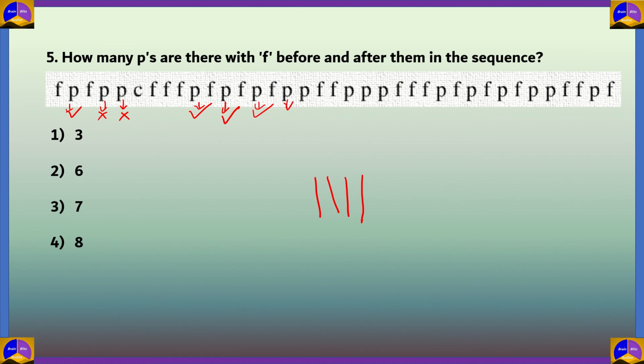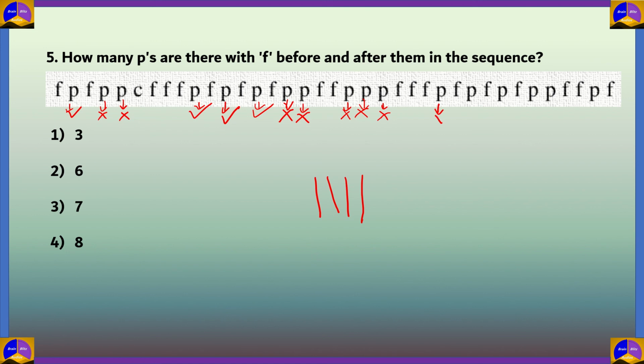Now this one is incorrect because F is not after it. This one is incorrect because an F is not before it. This is incorrect because there's not an F after it. This is incorrect because there is no F before or after it. This one is incorrect because there's no F before it.